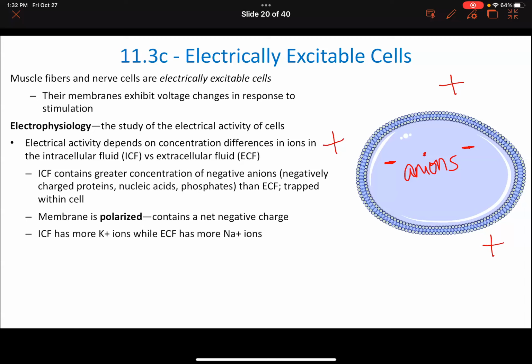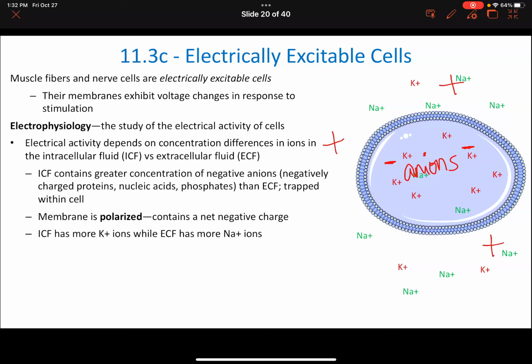Potassium ions are higher inside the cell than outside the cell. And you can see here I've put in several potassium ions inside the cell and only 3 potassium ions outside the cell. You can draw those in. I recommend you drawing them in if you are writing on your PowerPoint slide that accompanies this lecture. Then on the flip side, another positive ion, our sodium ion.